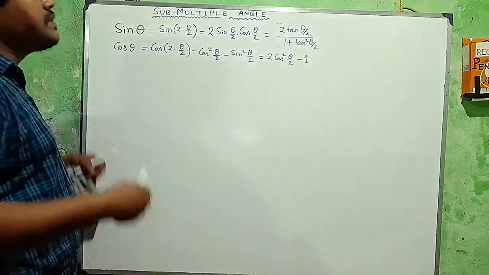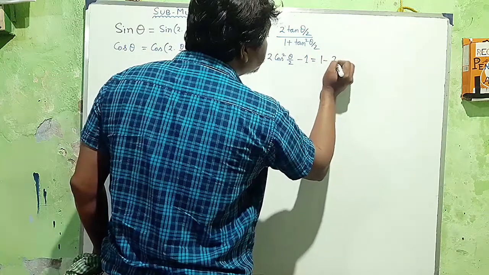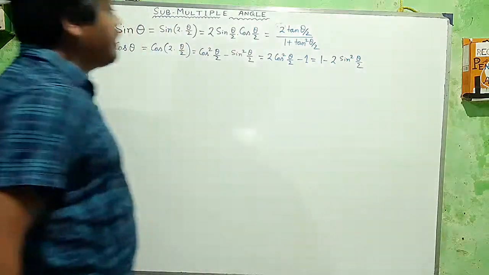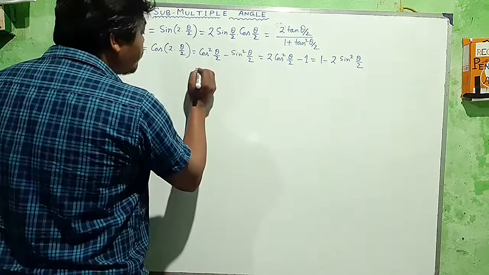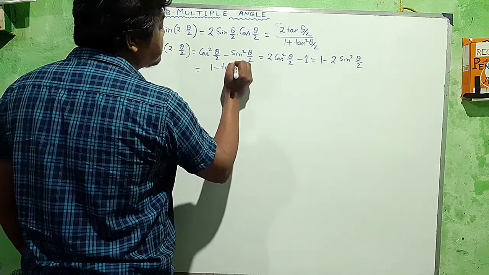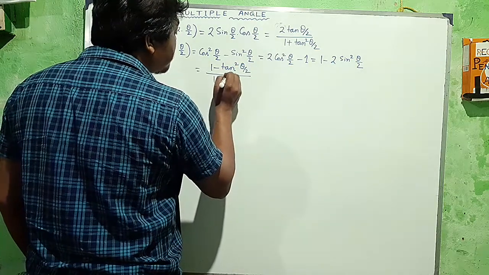If we express in terms of only sine, 1 minus 2 sin square theta by 2. And if we express it in terms of tan, the formula is 1 minus tan square theta by 2 by 1 plus tan square theta by 2.